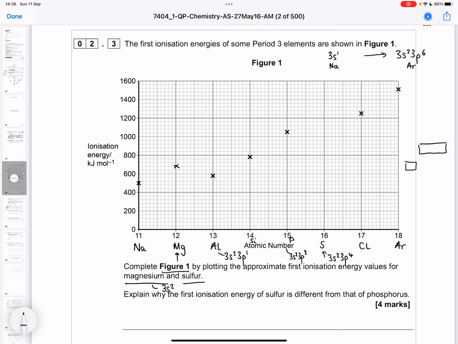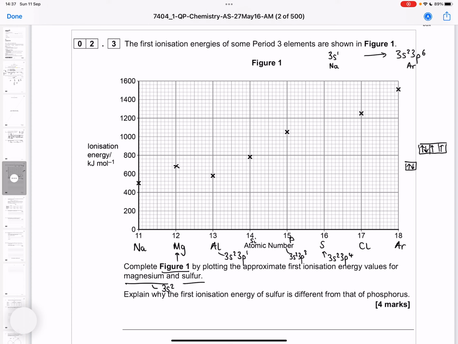So we've gone along: sodium, 3s1, and then magnesium, we're putting a second electron in there, 3s2, and then we've gone to aluminium with an electron in the p orbital, silicon, 2 in separate orbitals, phosphorus, 3, and now at sulfur we have to pair up, and that creates a tiny repulsion, and so our cross needs to be below that of phosphorus, but above the cross for silicon. So we need to be in between phosphorus and silicon. So we're going somewhere in that gap.